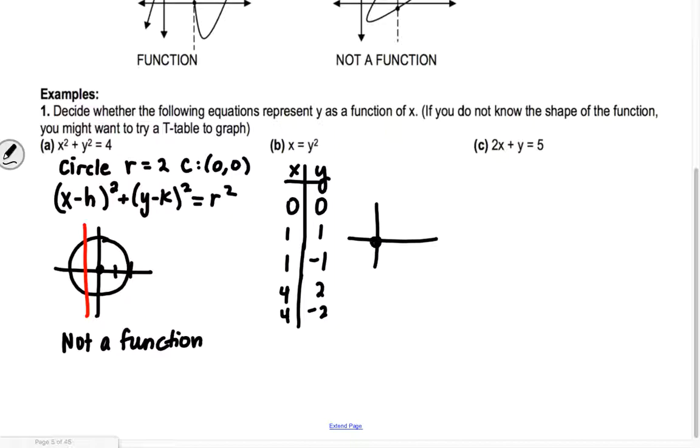If you sketch it out, we have (0, 0), (1, 1), (1, negative 1), (4, 2), and (4, negative 2). So it looks like that. This is not a function, because when I plug in 1 for x, I could have both 1 and negative 1 for y.